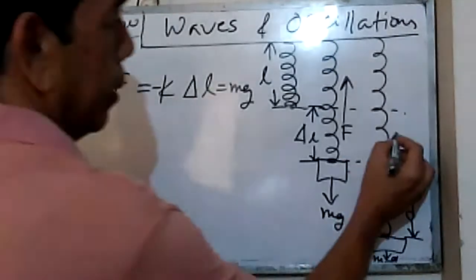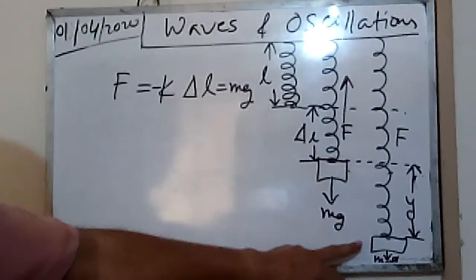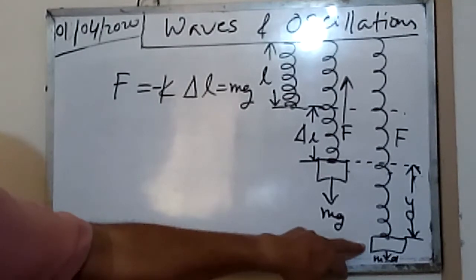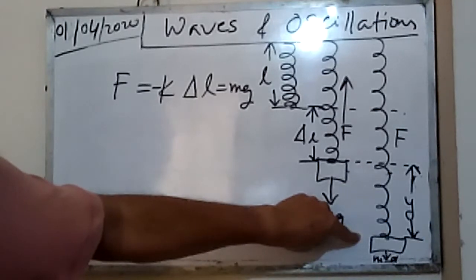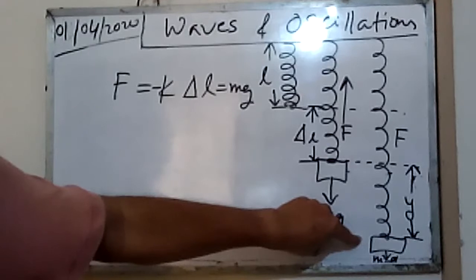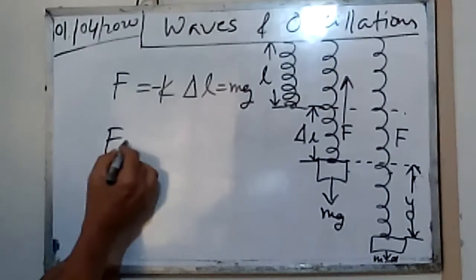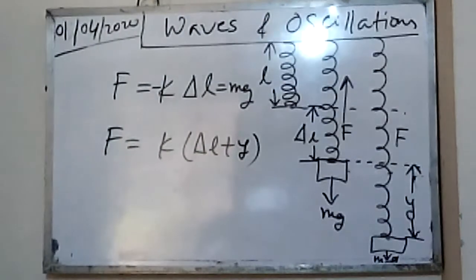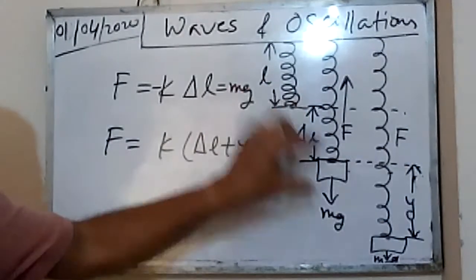Now here, suppose at this position the longest displacement is y, and at this position F will be K(del L plus Y).